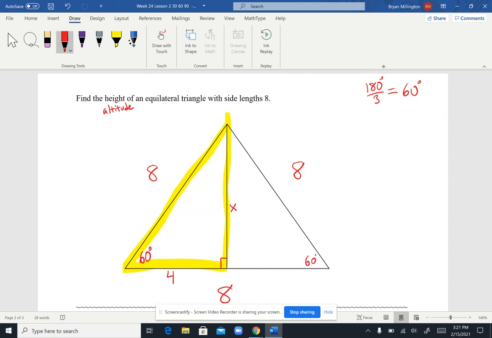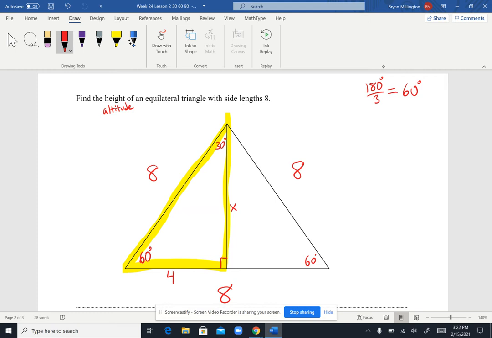And this one up here was 60, right? But if I drop that altitude, I split it right in half. So half of 60 leaves me with 30 degrees. This is why we call this the 30-60-90 triangle. Again, it's a special triangle that has some cool relationships between the sides. So we've got the angles 30, 60, 90. Let's figure out what the height is here.